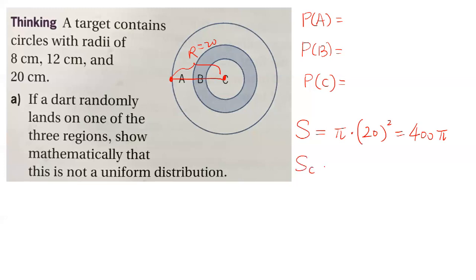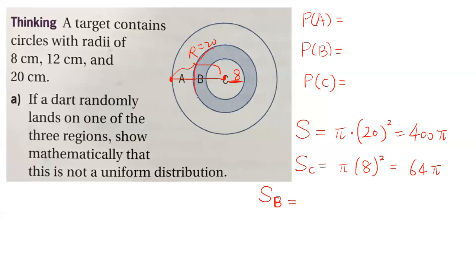Okay, and then we'll calculate the area of circle C, which has a radius of 8. So here we have 8 squared multiplied by pi, which is 64 pi, right? Okay, and then we calculate the area of B, which is the large circle minus the small circle, right?